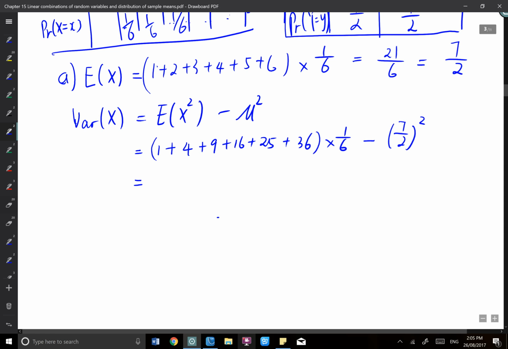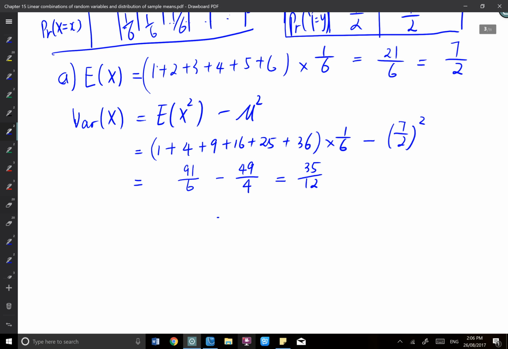The sum is 91, so 91 over 6 minus 49 over 4, which is 35 on 12. Correct?